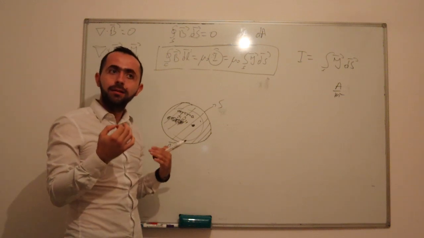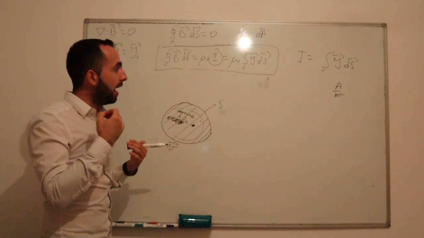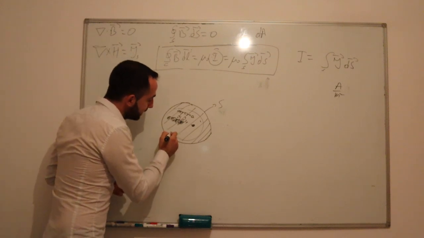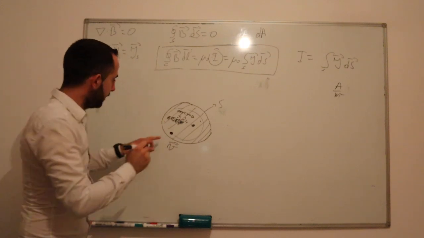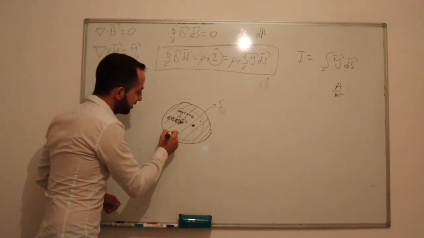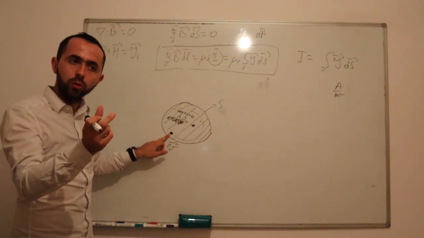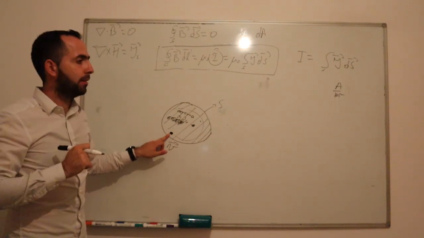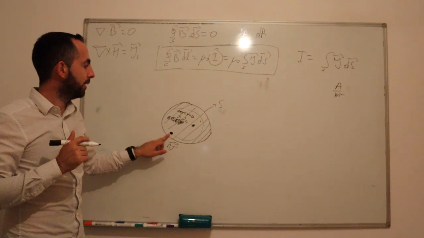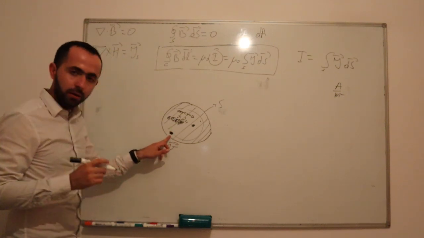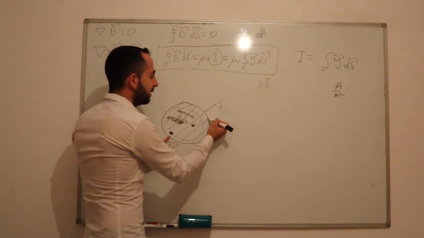Because of that, it is not a vector. But if I say, at this point of space, at this surface, do I have something that has an amplitude, direction, and line segment? Yes, but if I'm talking about this small surface, I'm not talking about current.